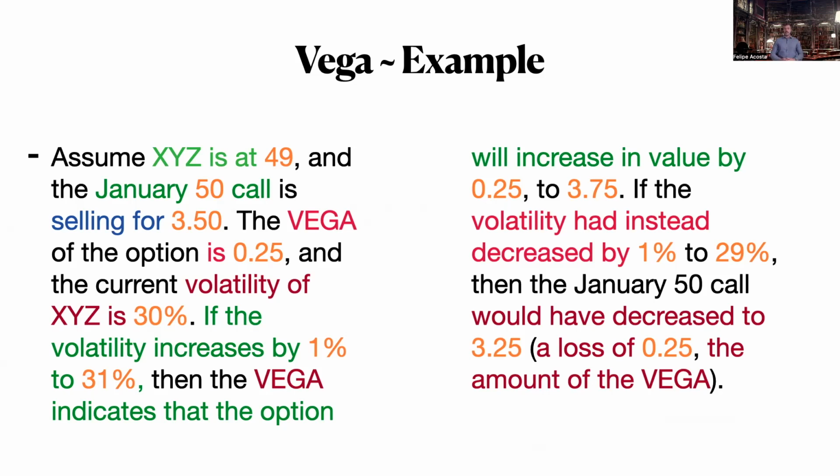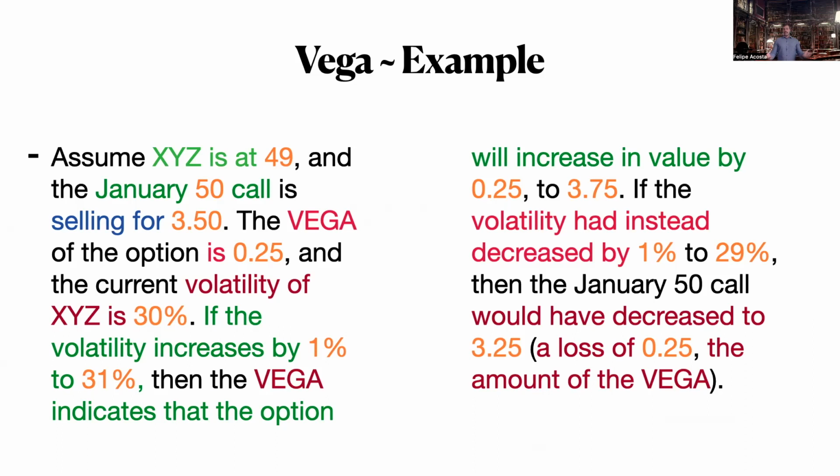If the volatility instead decreased by 1% to 29%, then that January 50 call would decrease by that 0.25 that the Vega is, so it would drop down to 3.25, which would now be worth $325.